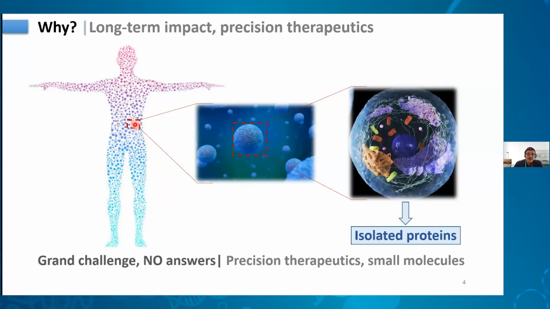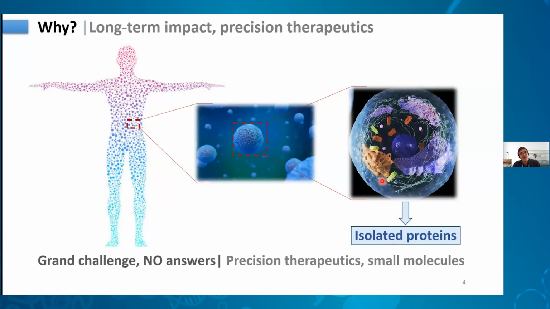But before we can work with complex systems such as humans or tissues or even live cells, we would first need the knowledge and methods that can allow us to precisely engineer the isolated proteins. And once we have that, then we can systematically translate them towards the more complex systems.